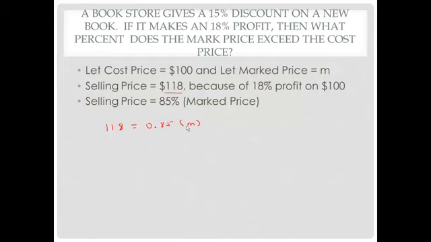Okay, so we're going to undo this equation and solve this for M. So I have 0.85 times M. To undo that, we need to divide by 0.85, like we learned in week 4.